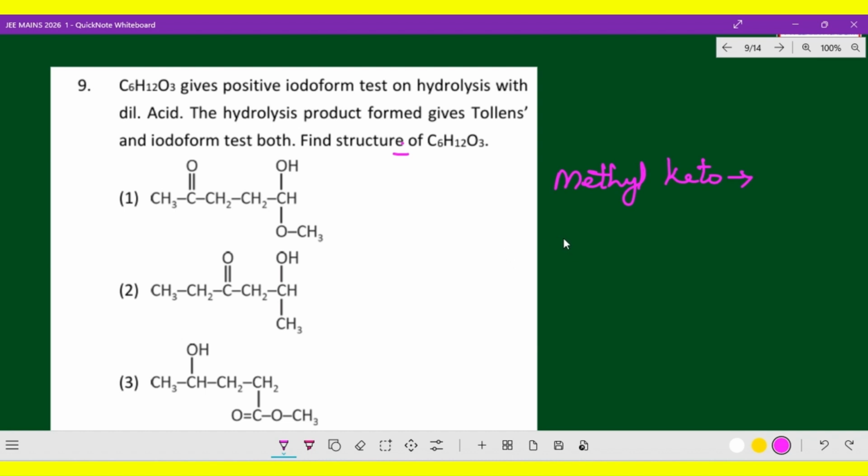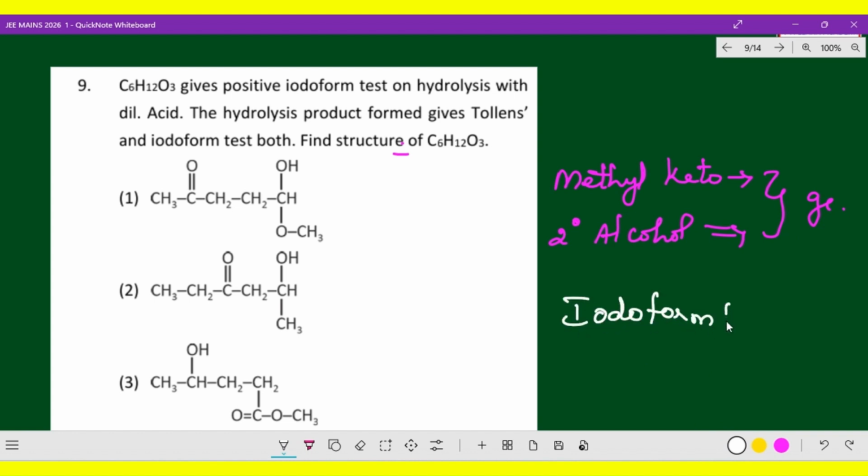Methyl keto group or secondary alcohol group present, these two groups mean it will respond to the iodoform test. This is completely memory based and a very interesting question. Before checking the options, I'm giving that idea, how we analyze the answer.